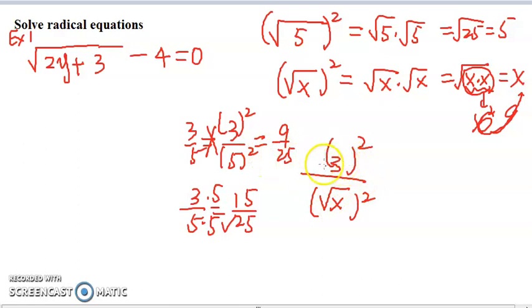So that's why, in the problems we learned before, we try to get rid of the radical sign in the denominator, which we also call rationalizing the denominator. And you cannot square the top and square the bottom. You have to multiply the same thing on both the top and the bottom.